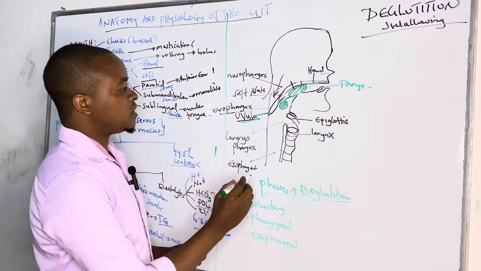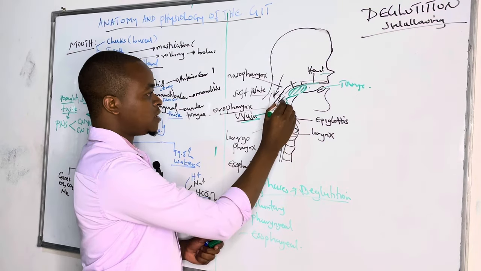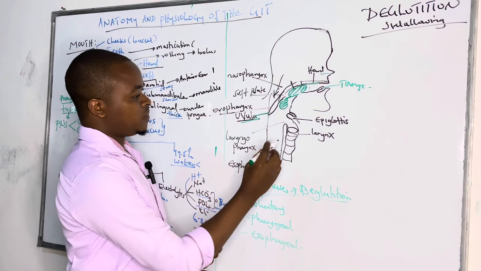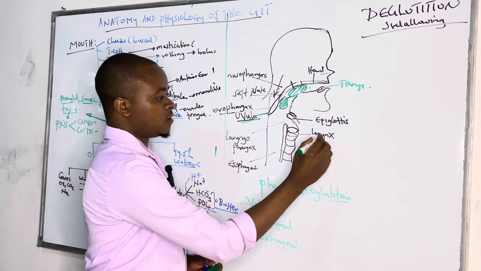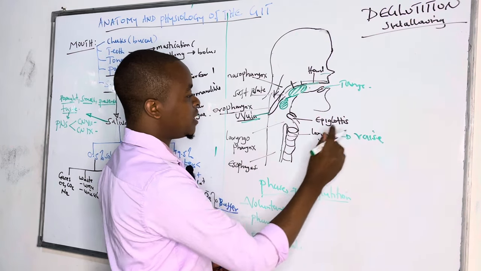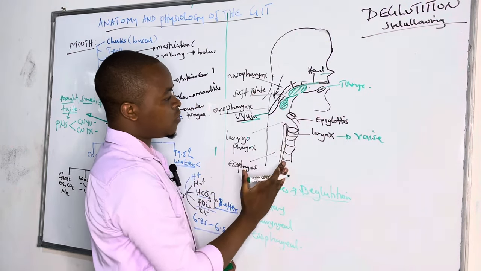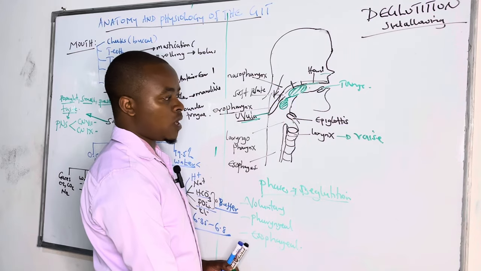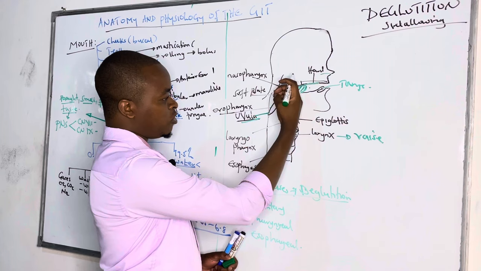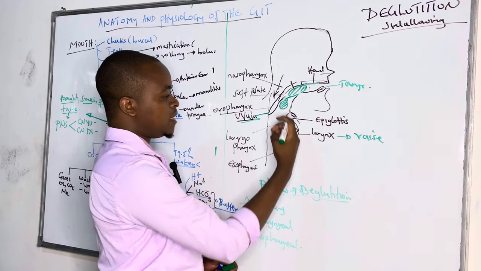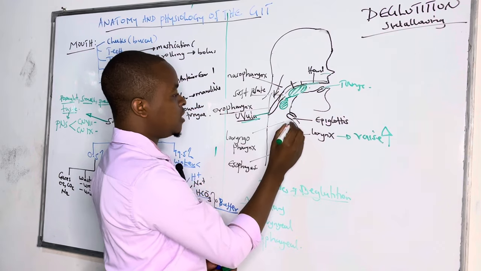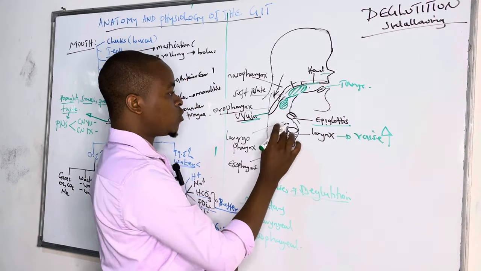Then what happens is that when this food bolus is still moving, it triggers the larynx to raise. You see, without swallowing, the larynx is lowered, isn't it? So when the food bolus is coming, the larynx is triggered to raise, and when it raises, it causes the epiglottis to close.